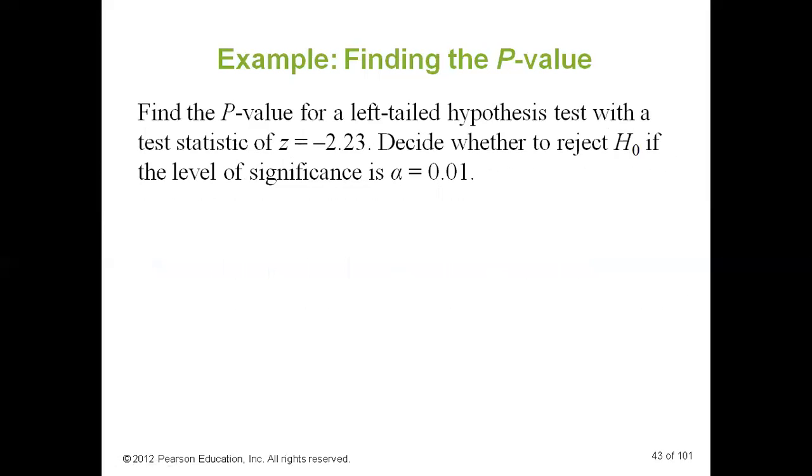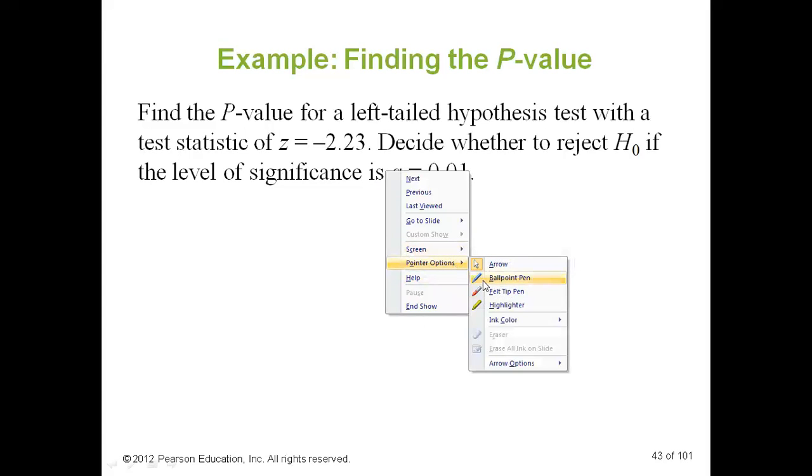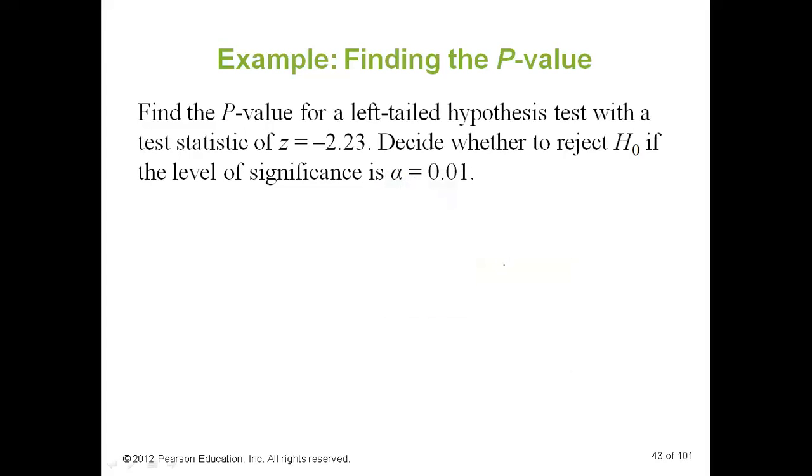Find the p-value for a left-tailed hypothesis test with a test statistic of z equal to minus 2.23. Decide whether to reject null hypothesis if the level of significance is alpha equal to 0.01. Alpha equal to 0.01 is given. Suppose this is the x-axis, and this is our overall probability distribution graph, and suppose this is 0 z.